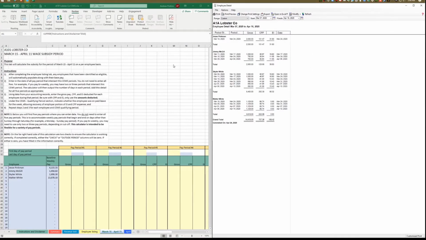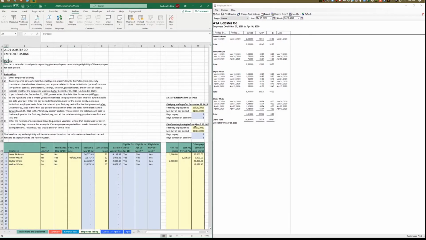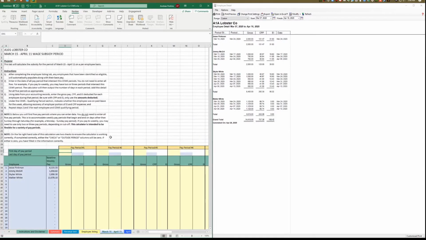So here we can see all the pays that fall under the periods. Now, in entering it, the first thing we're going to need to do is enter our actual pay periods. So we know already that our first pay, we remember from our employee test here, is going to be March 11th, 2020 to March 17th, 2020.